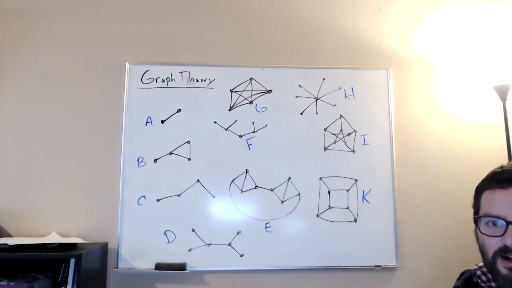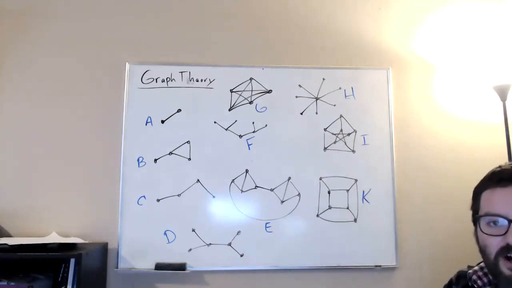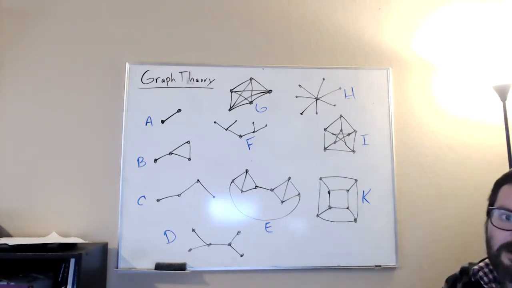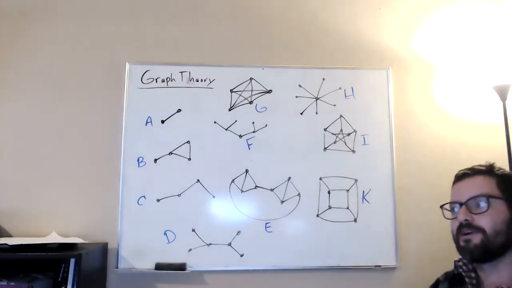Can you group five graphs here that you think have something in common? You can do this in a lot of different ways, by the way. It's kind of an arbitrary question, but I'm giving you a hint that five belong to the same big class of graphs.